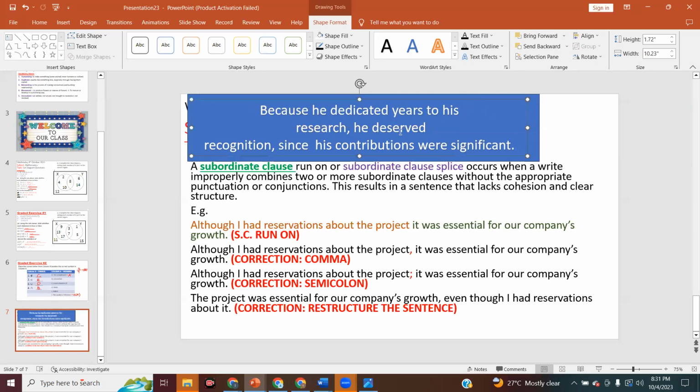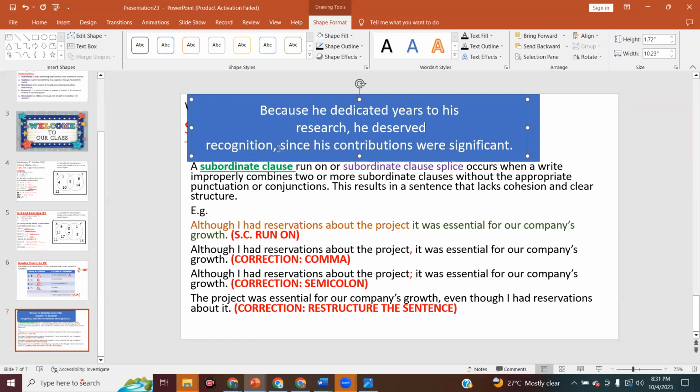You can't connect these because this is an independent clause, he deserves recognition. So you can't just put a comma there without a coordinating conjunction. So you need to say, he deserves recognition, comma, since his contributions were significant. Or you can say, he deserves recognition because his contributions were significant.